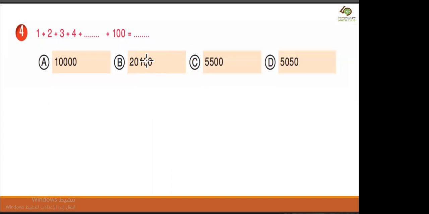Okay, now number 4. How do you add from 1 to 100? This question is very important. How do you answer, or how do you add from 1 to 100? Do you have any idea?